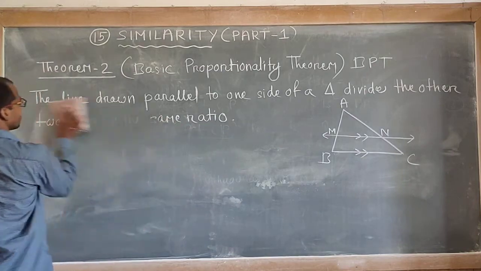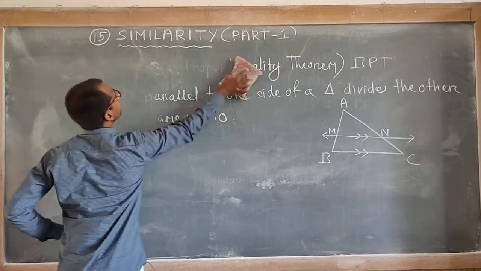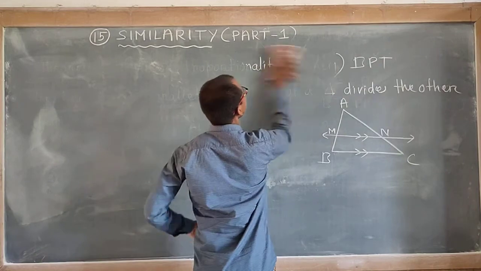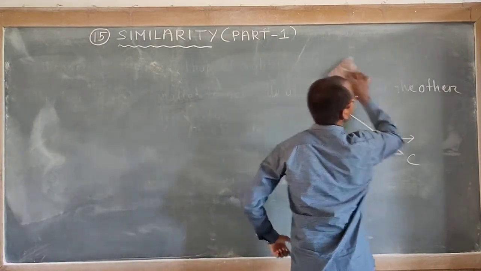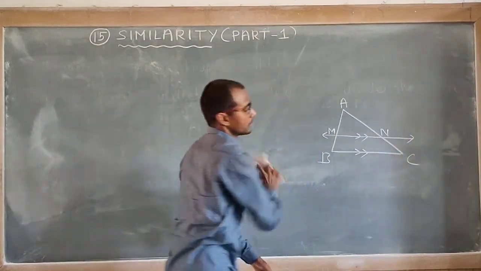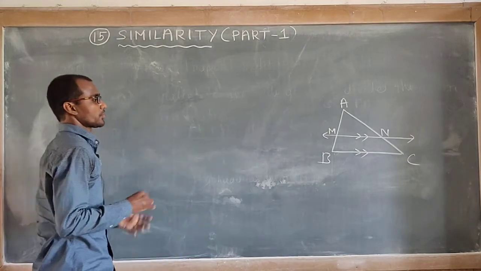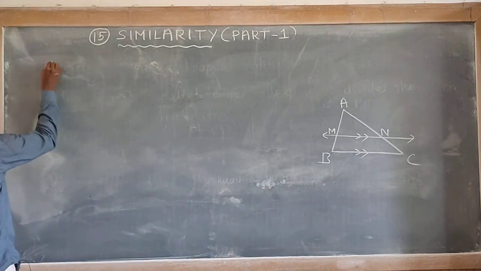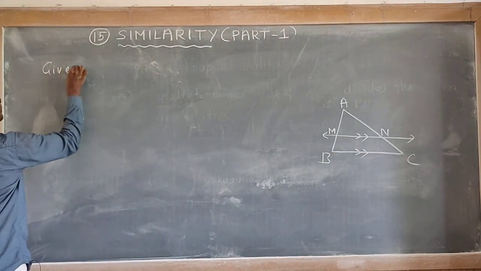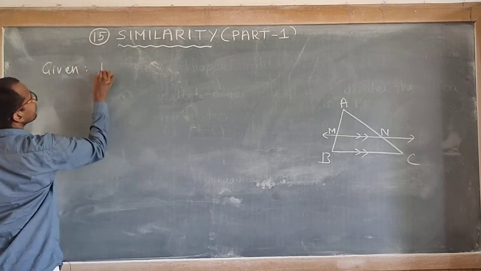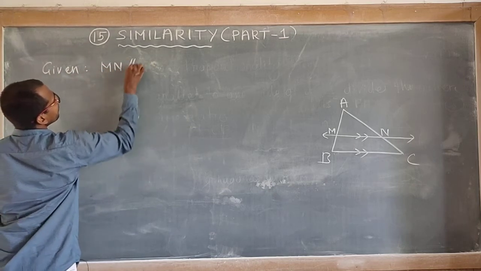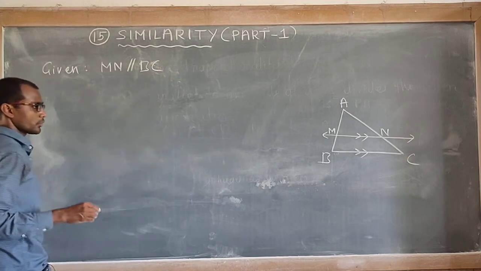We will prove this. So let us prove this. Given: MN parallel to BC.